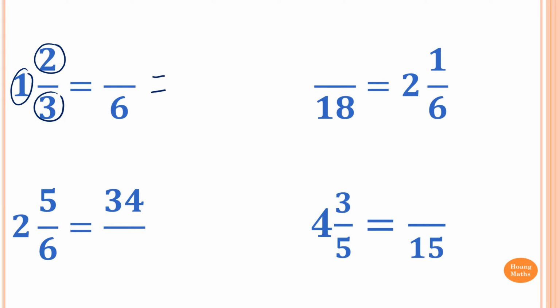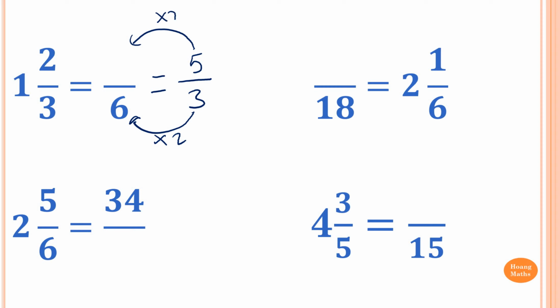Add 2 is 5. So 5 over 3. Now to get from 3 to 6, I times this by 2. So therefore, 5 times 2 is 10. So 10 over 6.